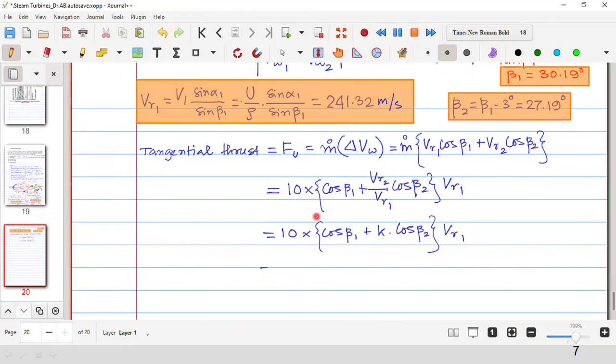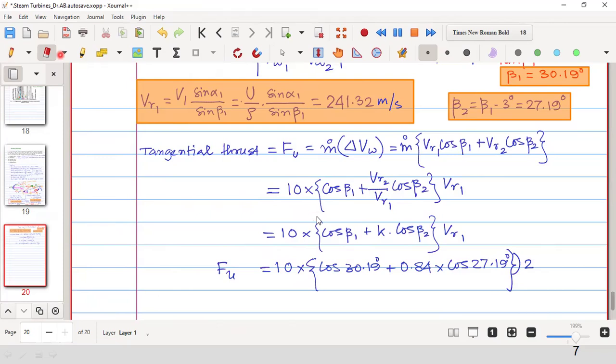So here you can just put the values and determine the tangential thrust. So 10 multiplied by cos beta 1, cos of 30.19 degrees, plus K is 0.84 given, multiplied by cos beta 2, 27.19 degrees, multiplied by VR1, which is coming to be 241.32.